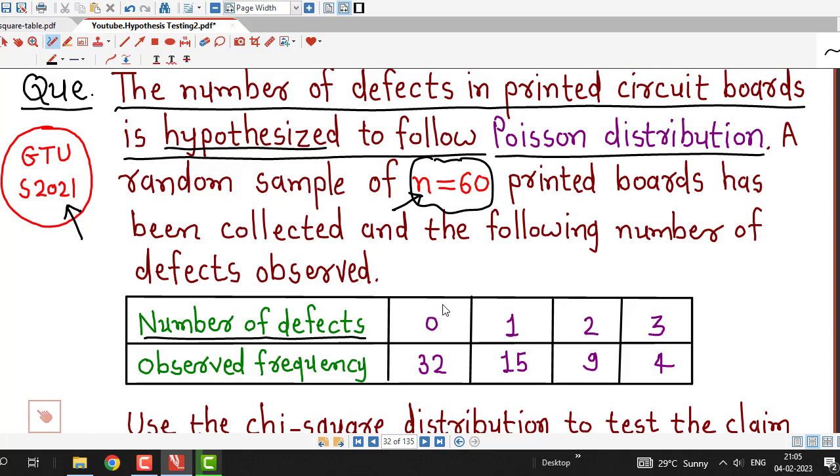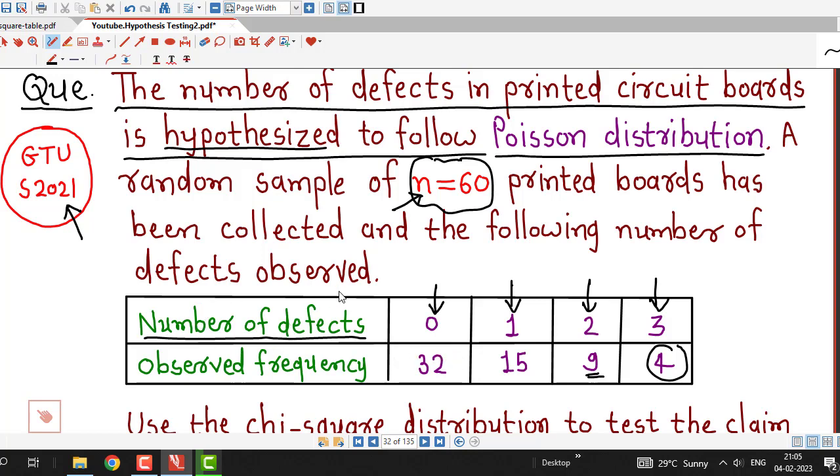There are 15 printed circuit boards with 1 defect, 9 with 2 defects, 4 with 3 defects, and 32 printed circuit boards with no defects.